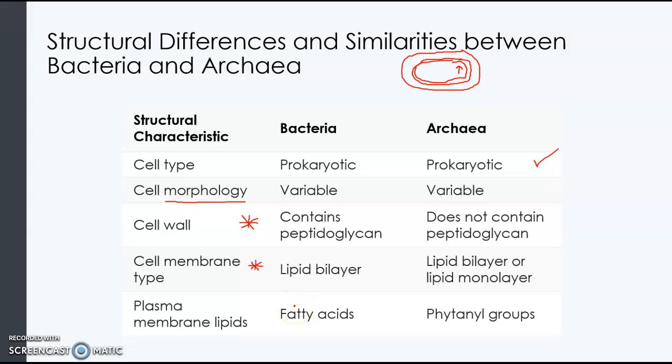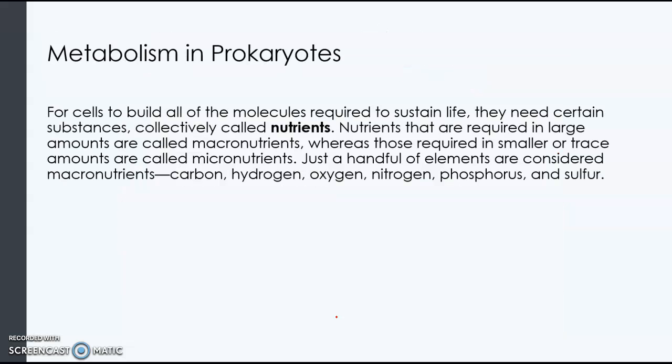And then the plasma membrane lipids are fatty acids in bacteria, and they're phytanyl groups in Archaea. So they're chemically different lipids in the lipid portion of the bilayer. And we also call it the hydrophobic portion, or the portion that's not soluble in water.